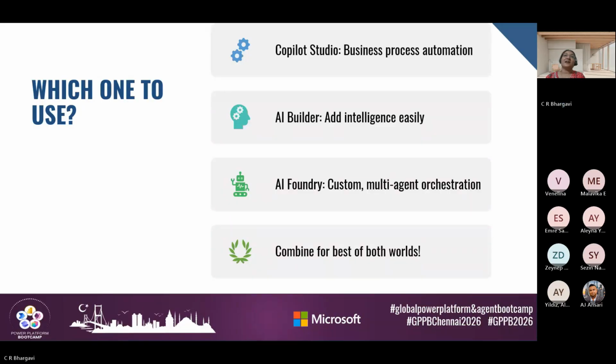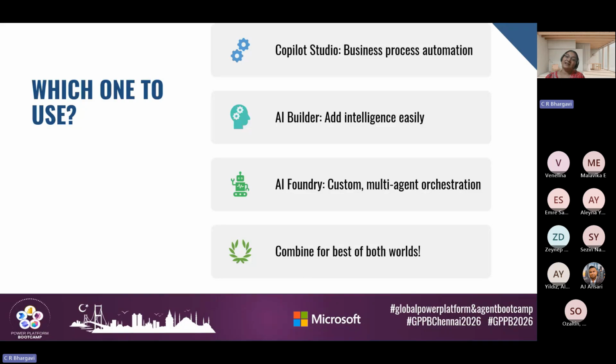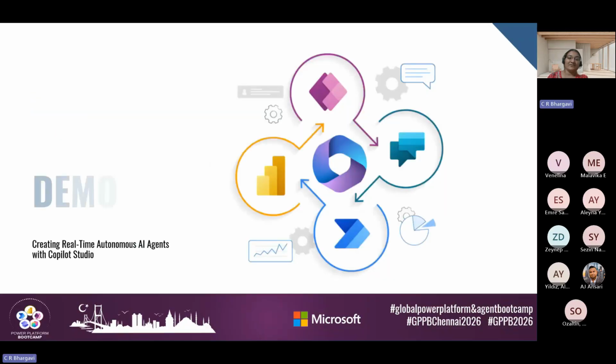And it's not just one or the other; I would say let's make use of the combination of all these things, like Copilot Studio combined with Foundry, so that you get the best models, or a fine-tuned model, added inside the Copilot Studio, and from there it would give you the solutions. So that's what we have, and maybe I will go for the demo, and then we'll come back on the same.